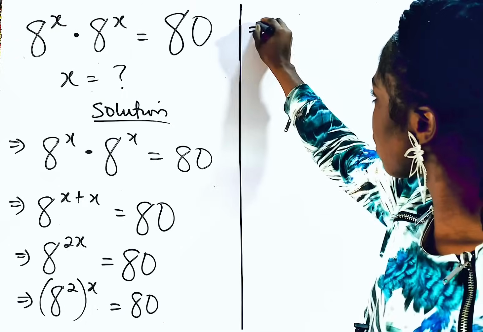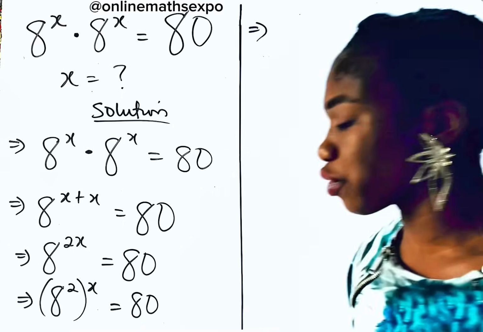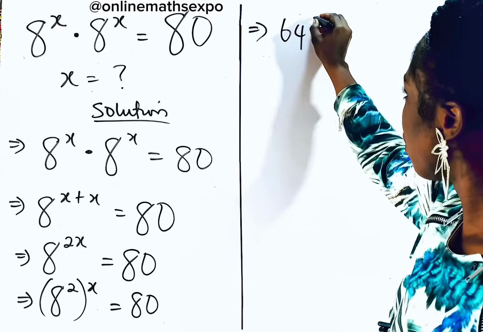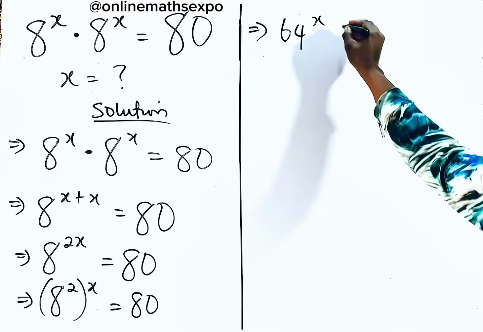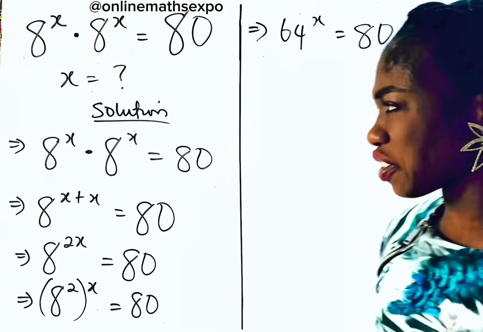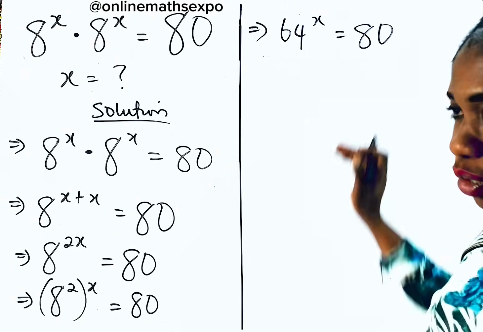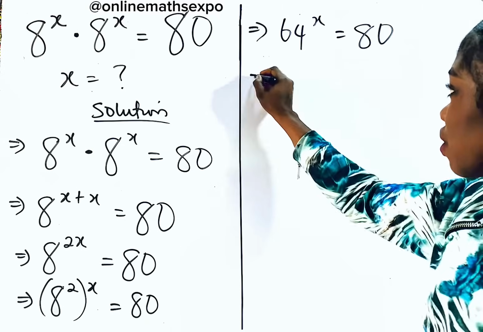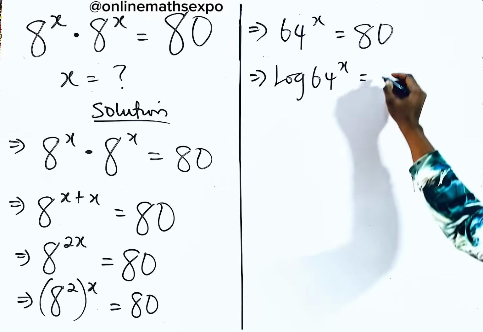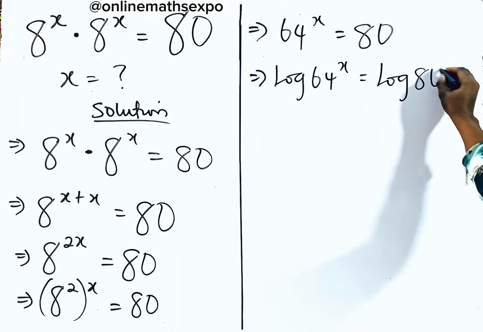So this gives us 8 to the power of 2 is 8 multiplied 2 times, and that will give us 64 raised to power x is equal to 80. Interesting. Now, what do you think we should do next? Just quickly take the logarithm of both sides, okay? So we're going to have log of 64 to the power of x is equal to log of 80.